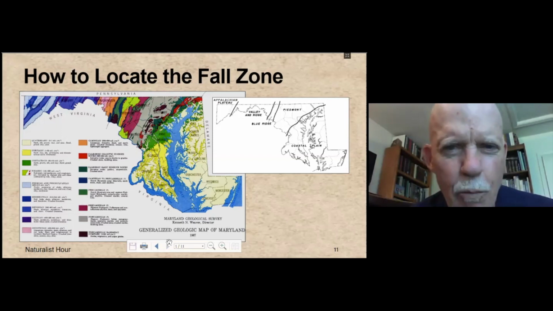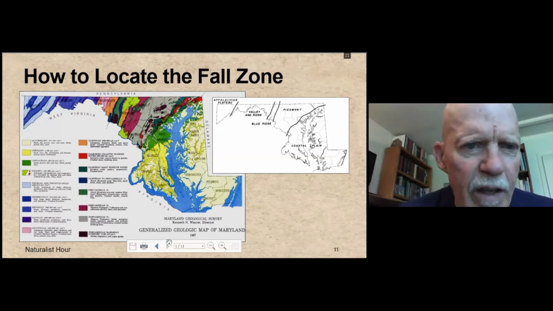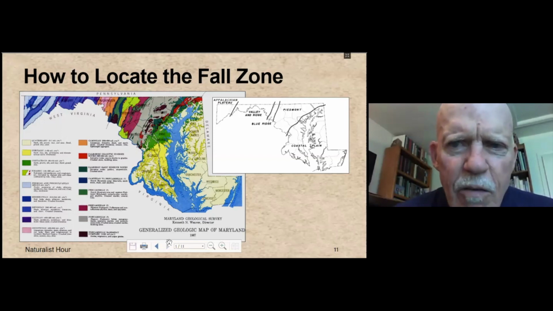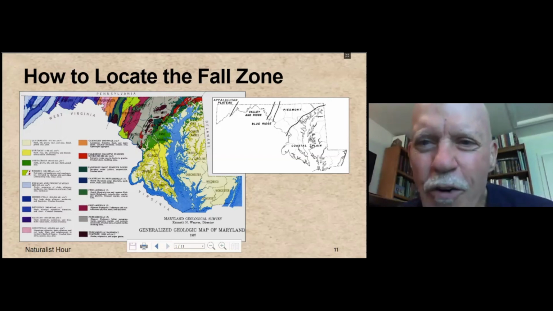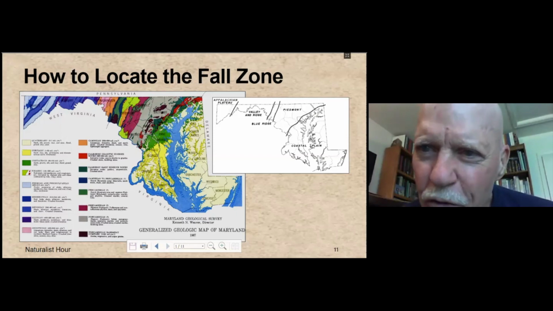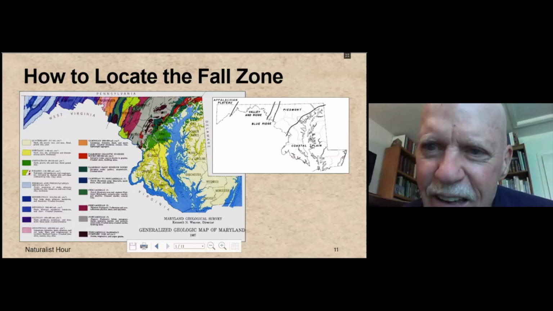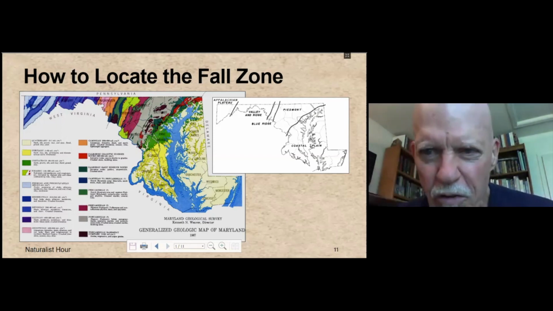It's really much more subtle than that. What you have to do is, for one thing, you could use a map. Over here on the right side, the Maryland Geological Survey has very helpfully drawn a nice line that is the center of what we're calling the fall zone.